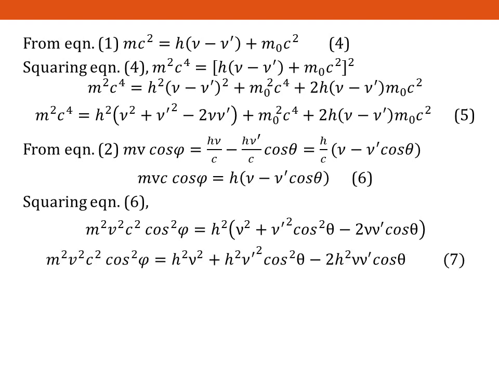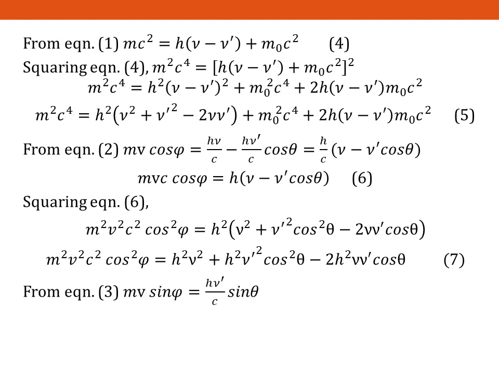Using this expansion, we have m²v²c² cos²φ = h²ν² + h²ν′² cos²θ − 2h²νν′ cos θ. We call this equation 7.